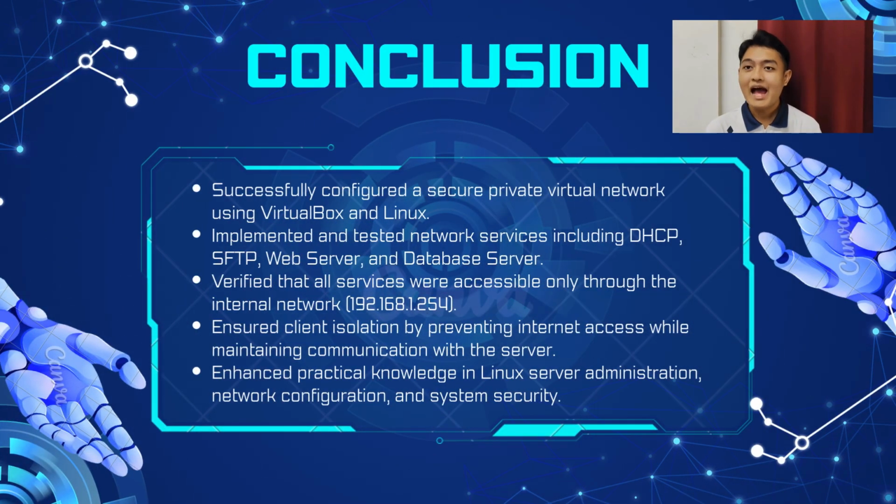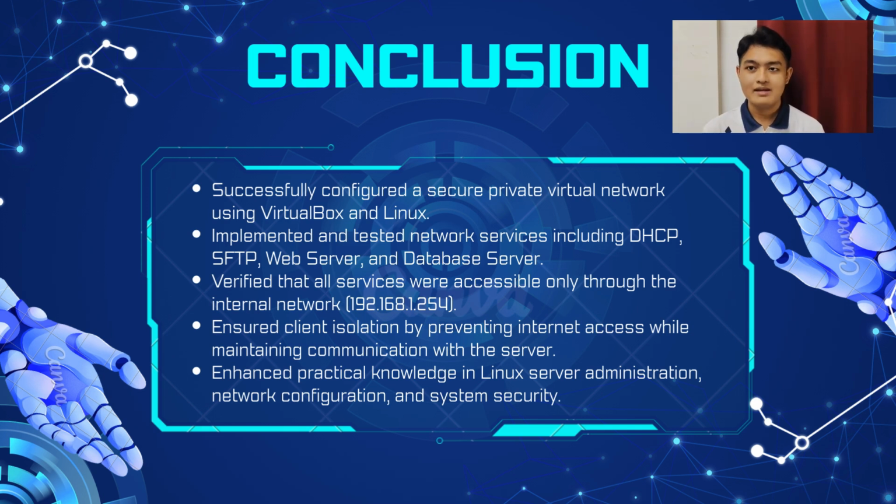In conclusion, our project was successfully completed by setting up a secure private virtual network using VirtualBox and Linux. Throughout this project, we successfully configured and tested all required services, including DHCP, SFTP, web server, and database server.